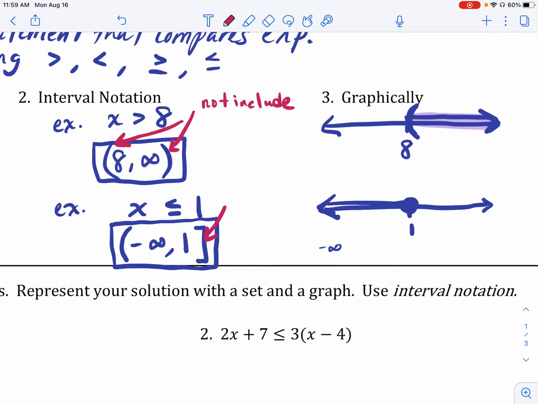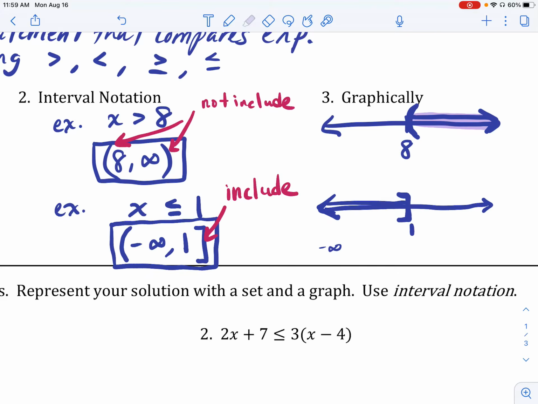Only the numbers that are greater than 8 are greater than 8. Whereas when I use a bracket, I am trying to say that we are going to include that value as part of our solution set. We're including 1. And again, if I wanted to write this here without using a solid circle, I could just put a bracket here around 1, right? So we're trying to say we're including 1 as part of our solution set.